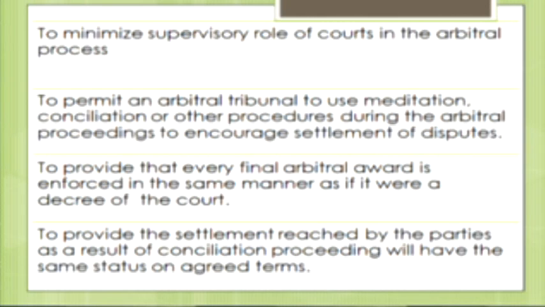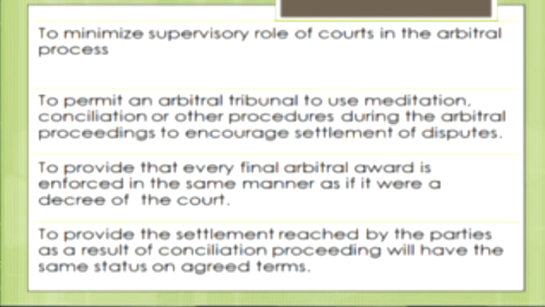The permit to use all the other procedural factors also comes as an objective of arbitration. Then to provide the final award is again an objective of arbitration, and it is the obligation of a party that they have to perform. Both parties have to perform and abide by whatever award comes. And then to provide a settlement reached by the parties.